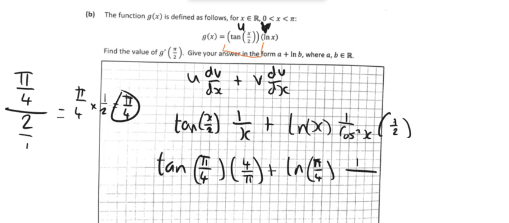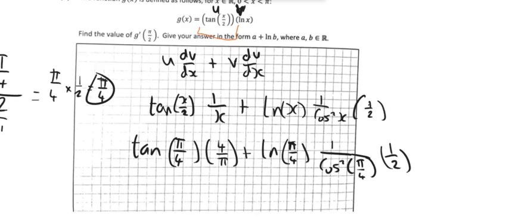1 over cos squared pi over 4, and then that's just a half on the end. Now actually that should be a 2 in there, because we're just putting it straight in for x.